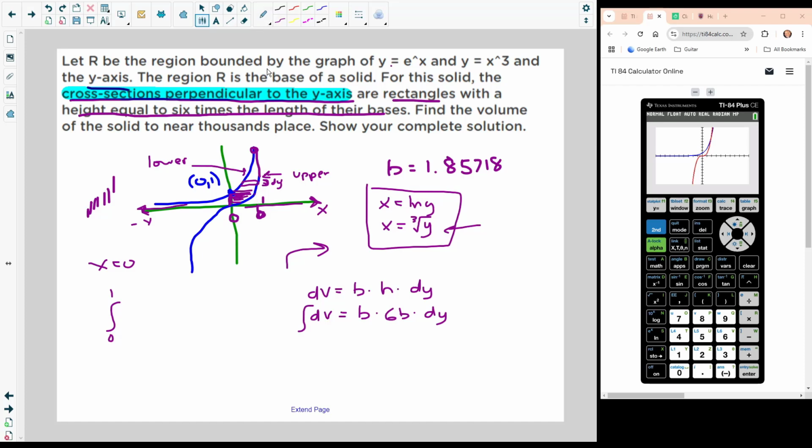Upper minus lower, upper minus lower, okay? So that is upper, cube root of y, minus lower, which is 0. So I don't have to really write this. And of course, that's dy, okay?